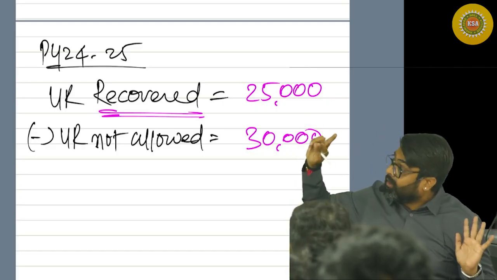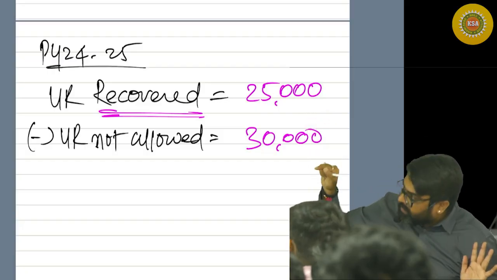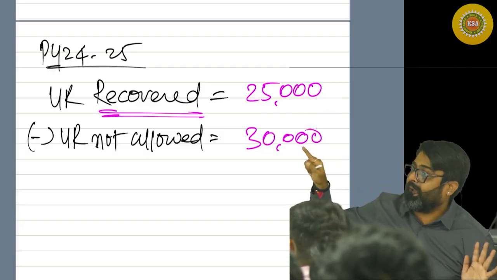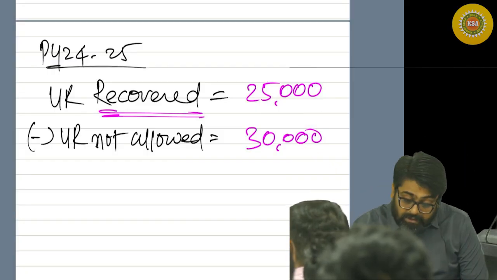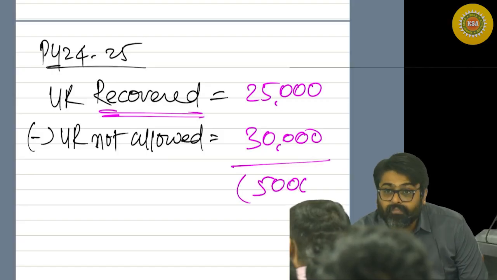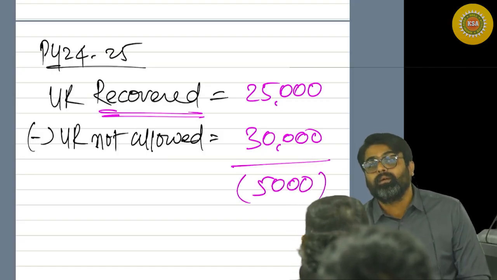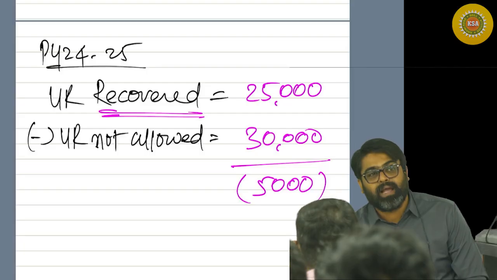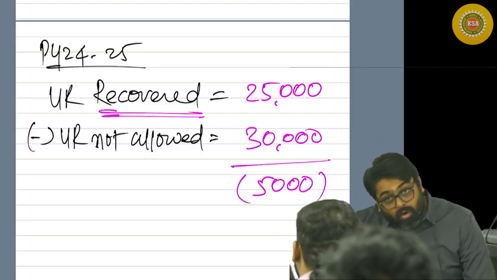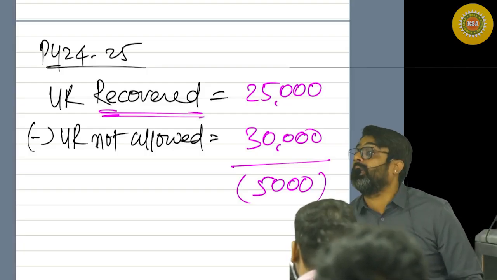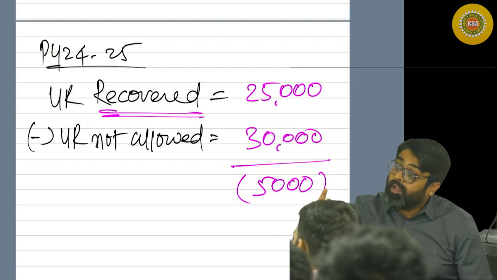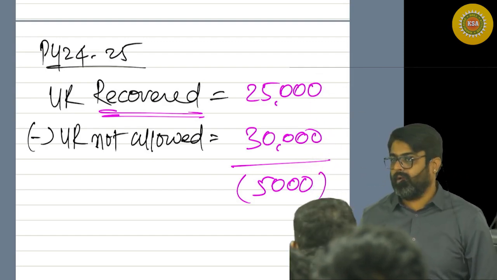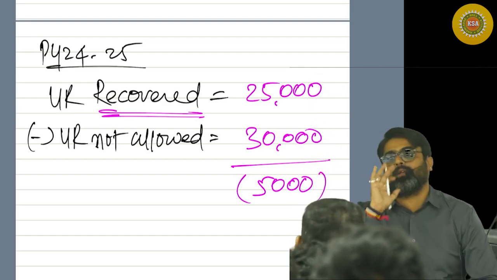So tell me, 25,000 out of this 30, will I pay any tax? Negative 5,000 will come, meaning that I am not liable to pay any tax. If he gives me 5,000 more, on that also I will not pay any tax. Any recovery over and above this 30 will be chargeable to tax.